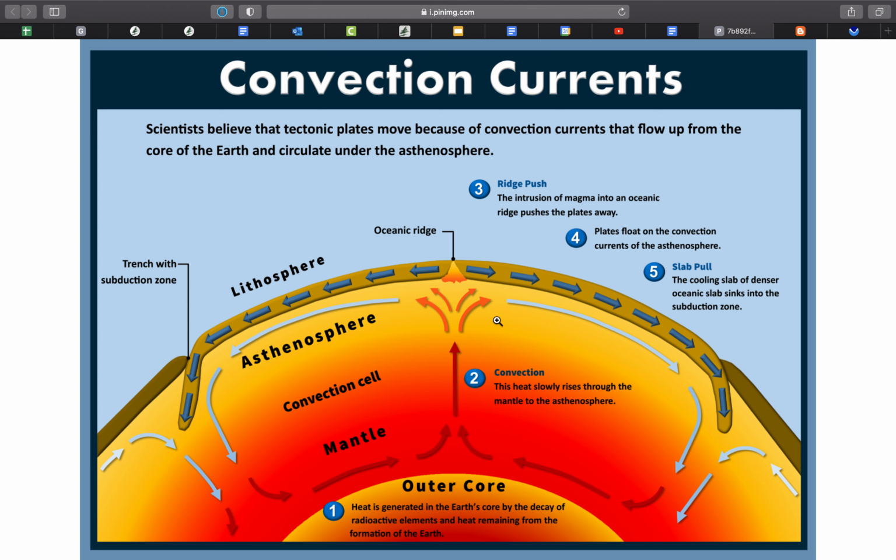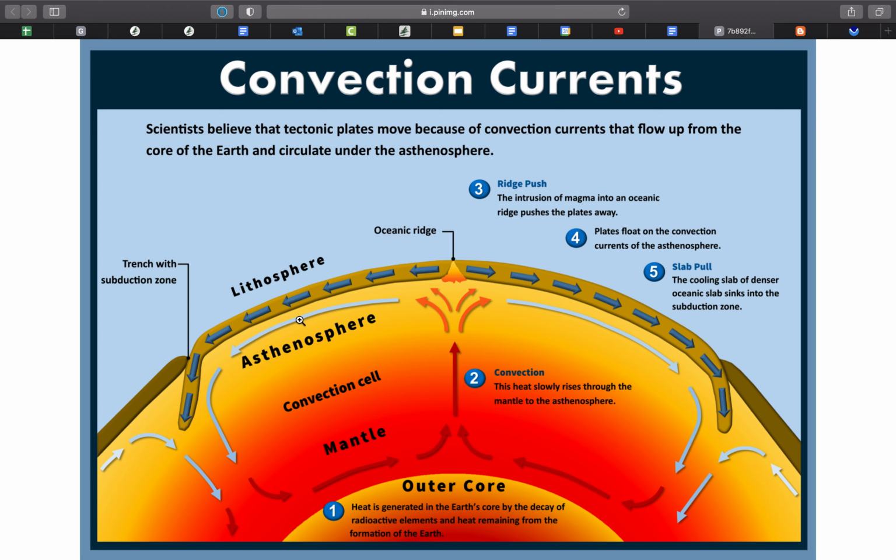The hot material, being lower density, rises up and interacts with the plate. Being farther away from the core, though, it loses its heat, contracts, and then sinks back down to be reheated again, just like material in a lava lamp.